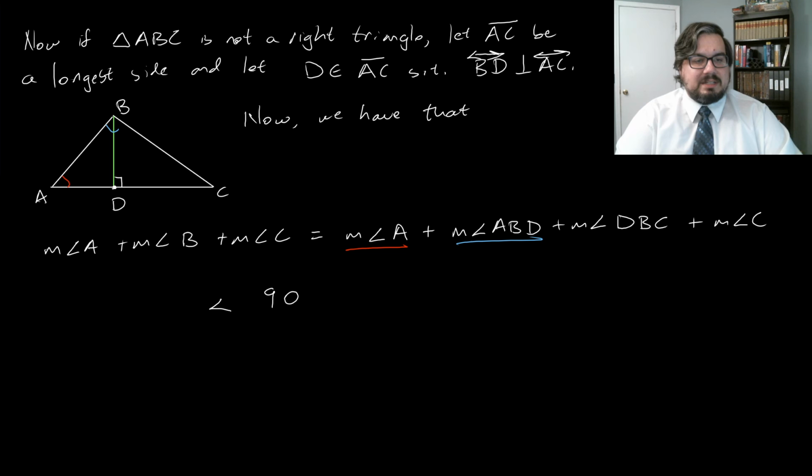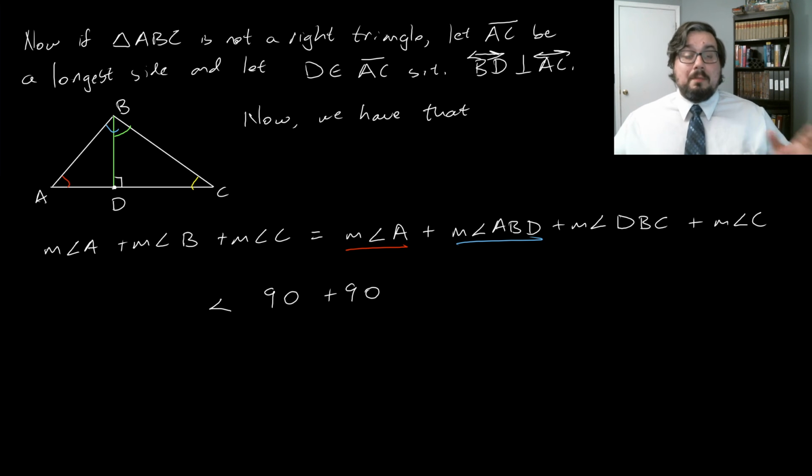Similarly, if we take the green angle and the yellow angle, that is the angle DBC, plus the measure of angle C, that also has to be less than 90. Because all of the angles inside the right triangle DBC have to be less than 180. But that gives us exactly 180.